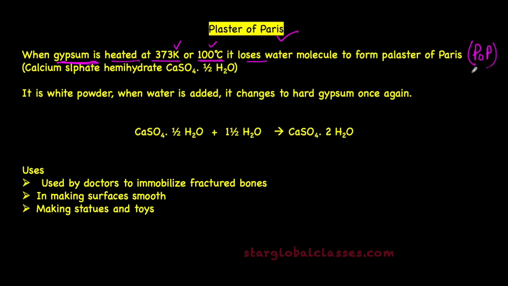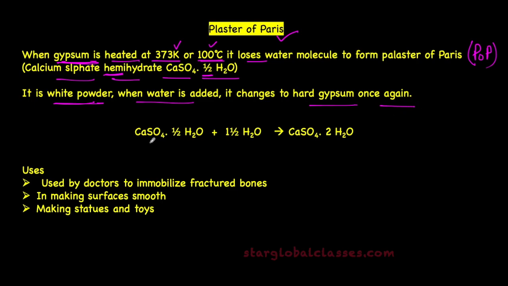And this plaster of Paris is calcium sulfate hemihydrate, meaning CaSO4 half H2O. Since it is half H2O, we call it hemihydrate. Hemi means half. Plaster of Paris is a white powder, and when water is added, it changes to hard gypsum once again.